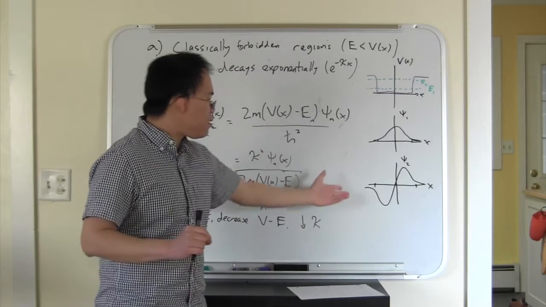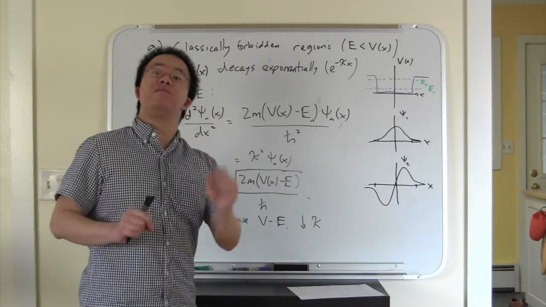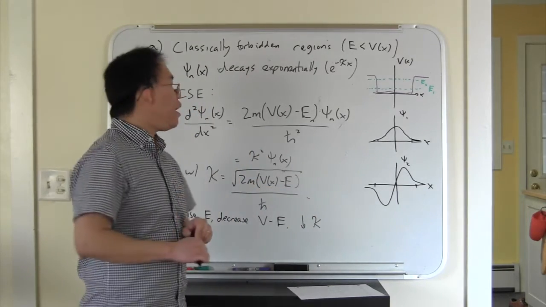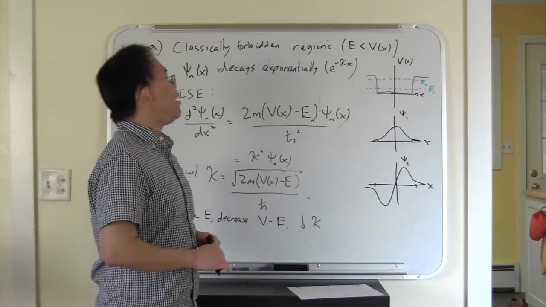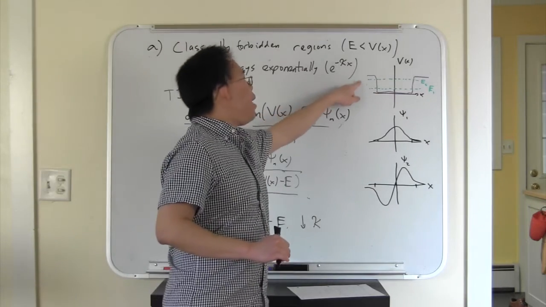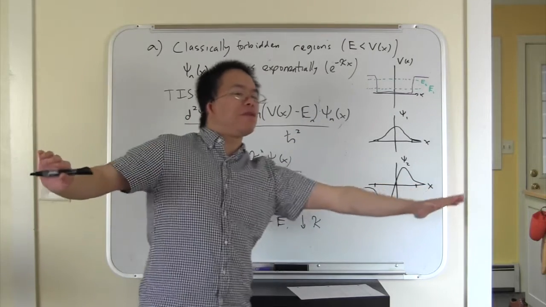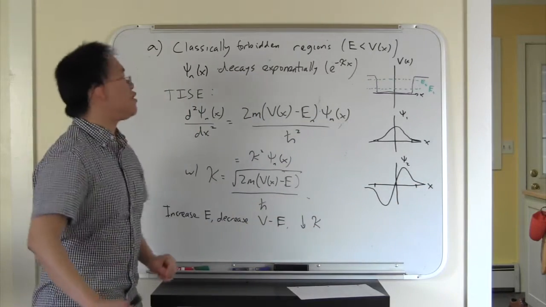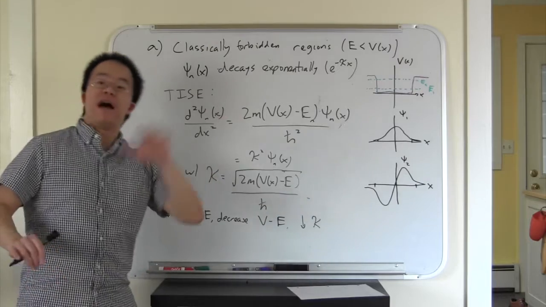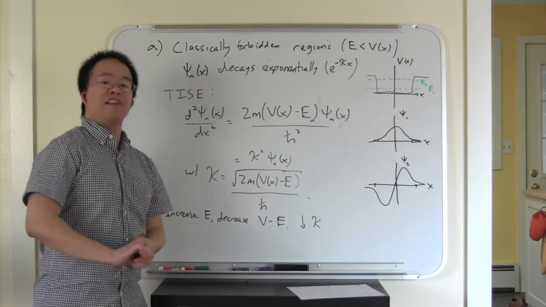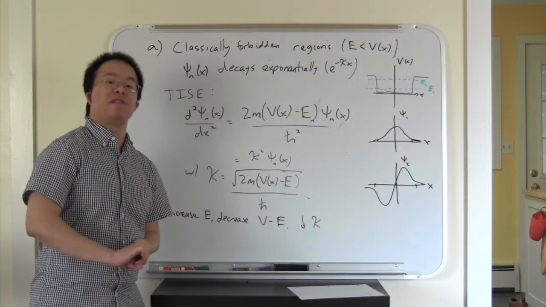And I couldn't really draw that super well here, but hopefully you saw that in the PhET yesterday, that as I go up in energy, my wave function penetrates further and further into my classically forbidden region because I have this more gradual exponential decay.